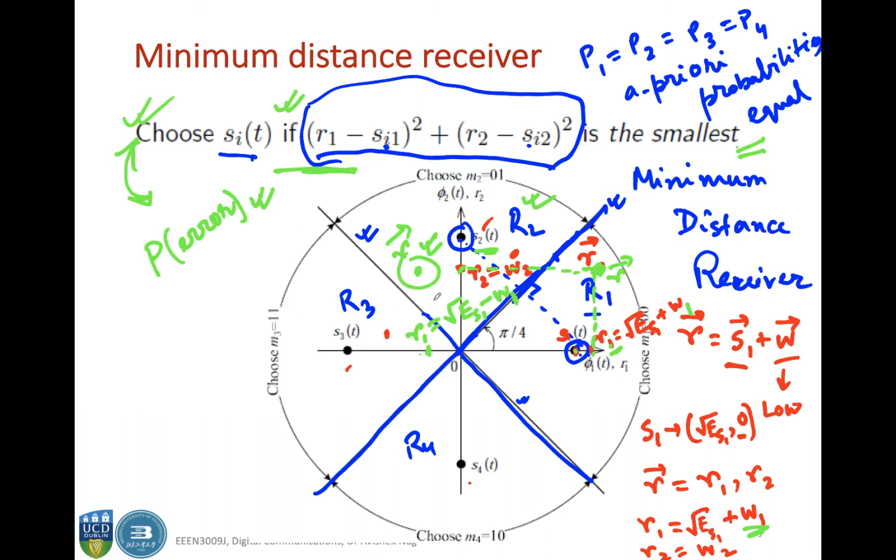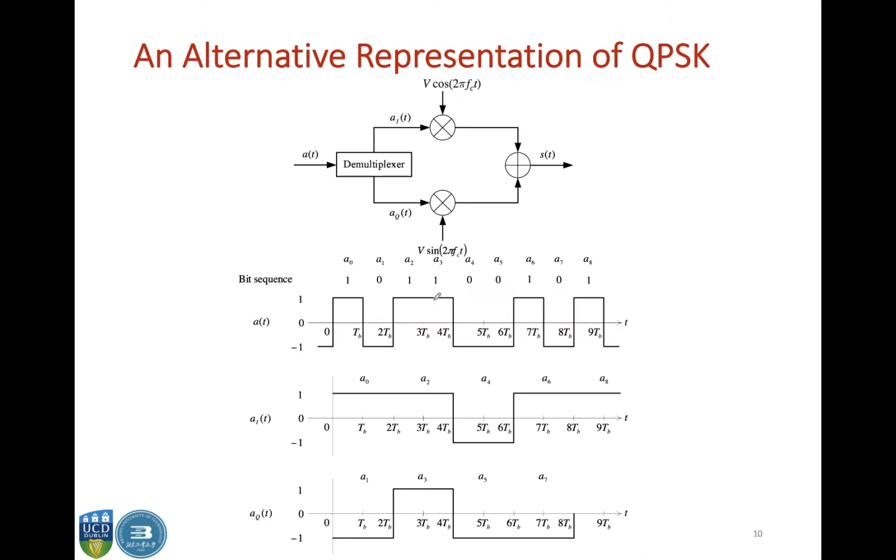So let's move on. You can have an alternative representation of QPSK like this. Let's say your original bit stream looks like this, which is denoted by a(t).